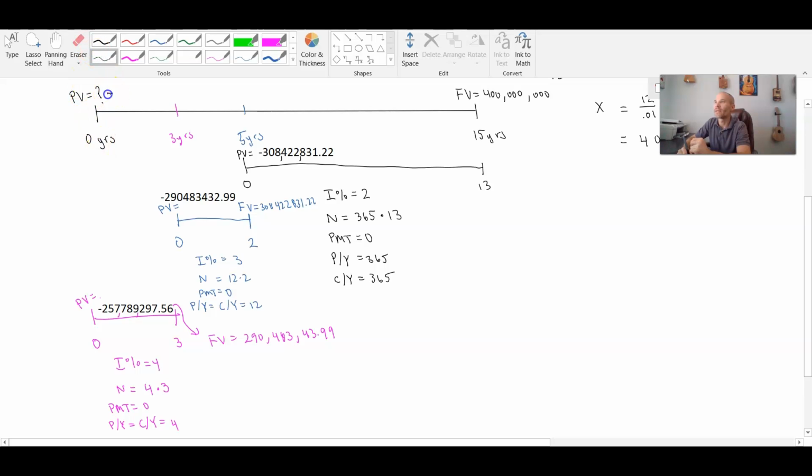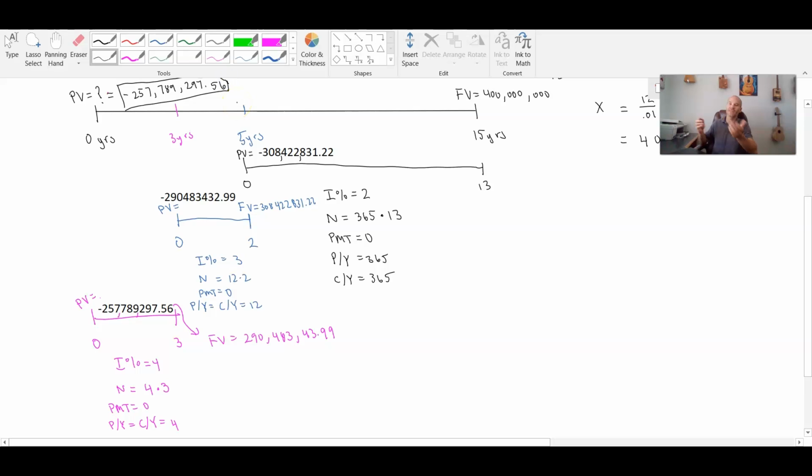So this amount here is negative, because we need to spend that money today. $257,789,297.56. So that means that this is not the best financial advisor, although it's a goal.